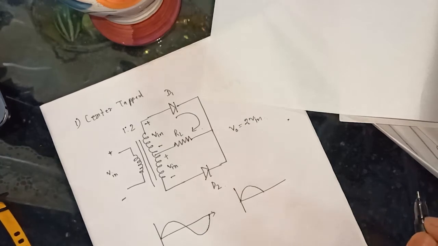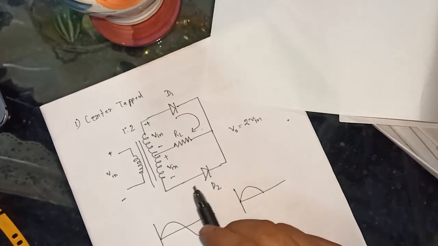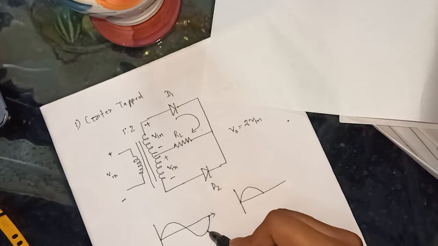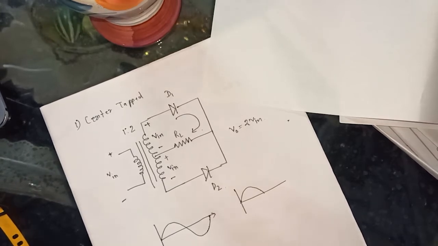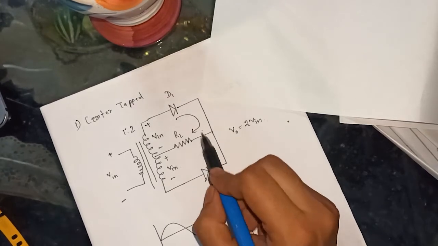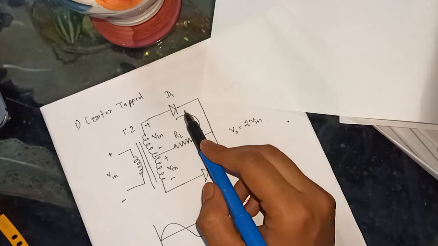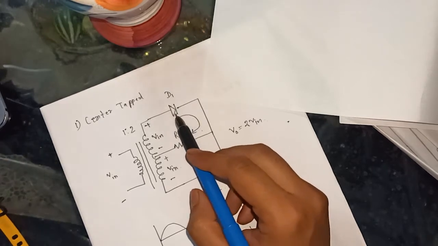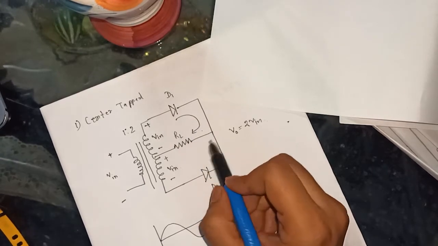In case of negative half cycle, for this part, the D1 diode will be reverse biased, so it will not conduct current.